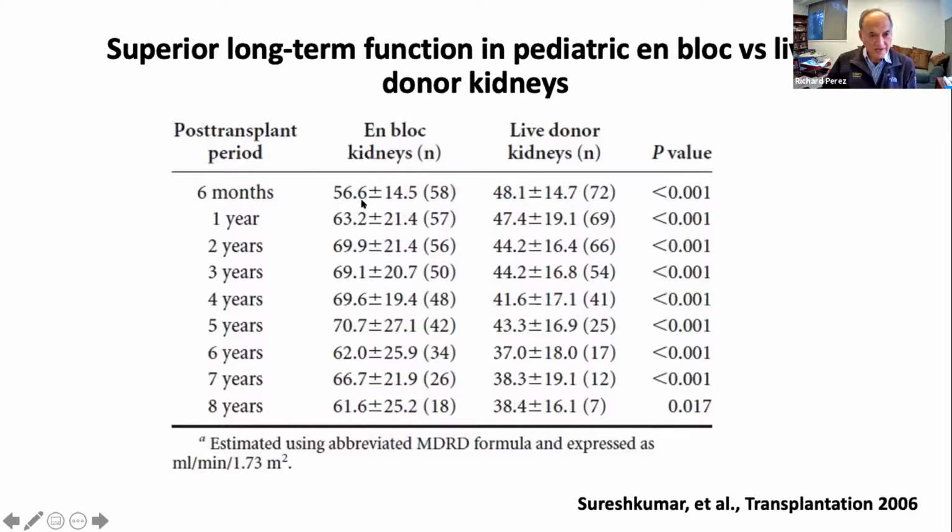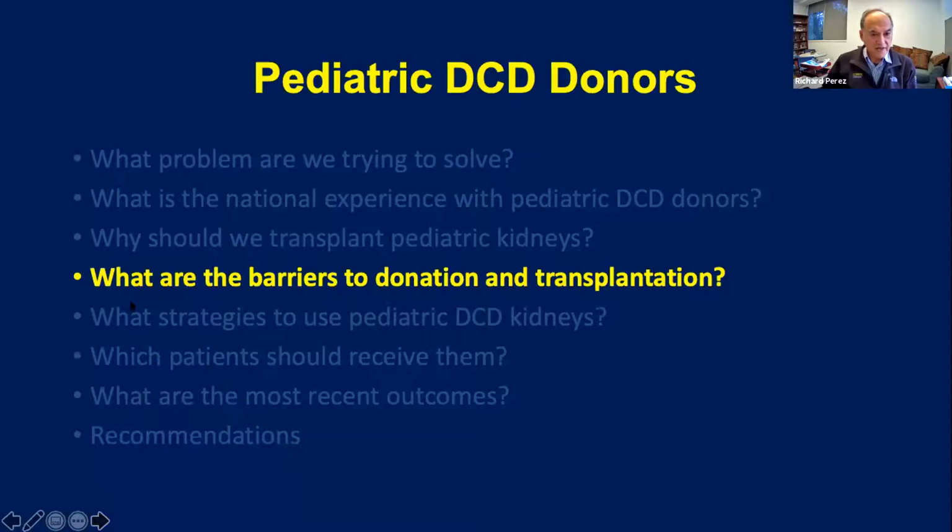It's a little higher, but each year as the kidneys grow, you can see there's an increase in GFR up to 5 years here. And at 8 years, it's still higher than at the beginning. Whereas with the living donor kidney, the best adult kidney you can get, you have a significant decrease in GFR over time. This is very typical. So it's a very compelling reason to try to do these pediatric kidneys. So why don't we do more of them? What are the barriers?